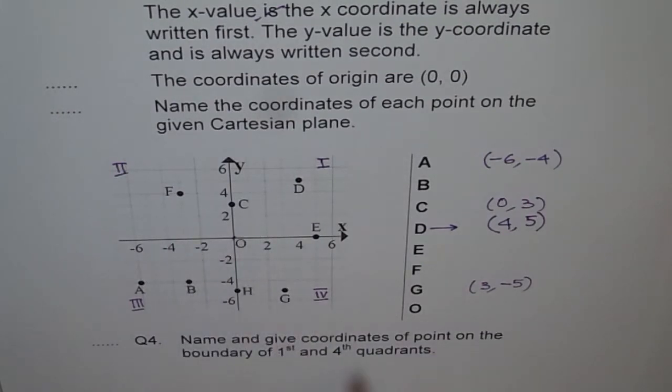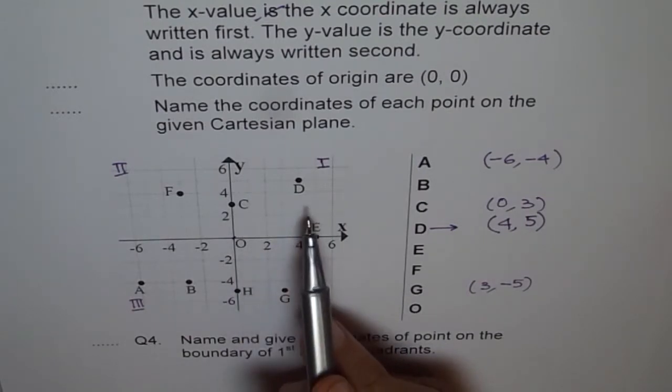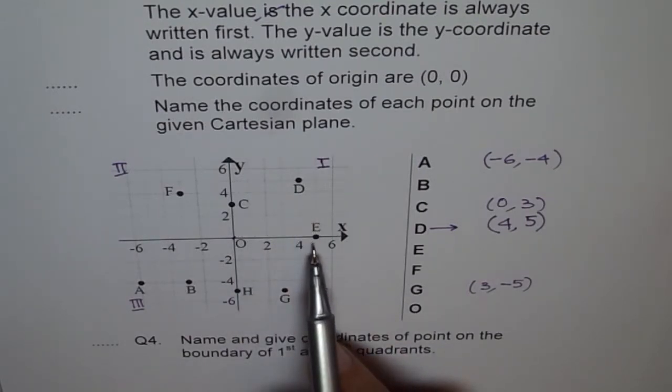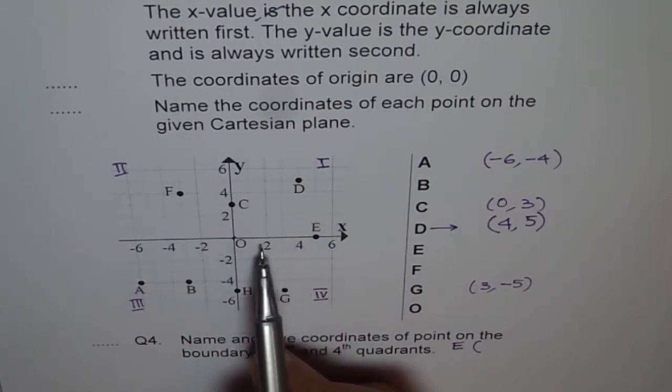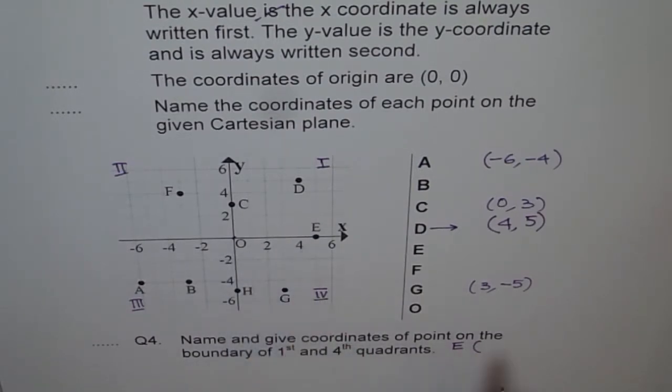Name and give the coordinates of a point on the boundary of the first and fourth quadrants. On the boundary of the first and fourth, we have one point, E. What are the coordinates of this point? The x value is 5 and y is 0, because you don't have to go up or down.